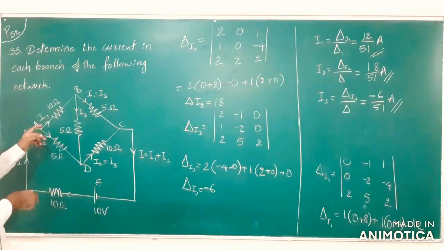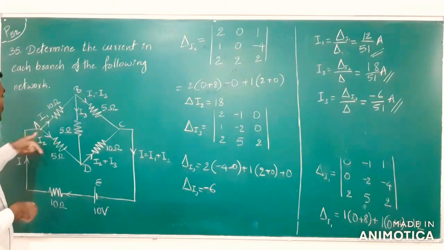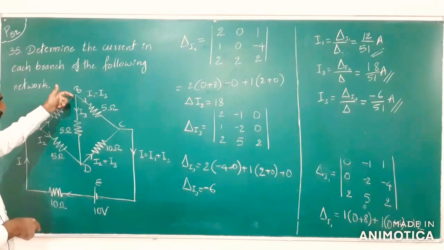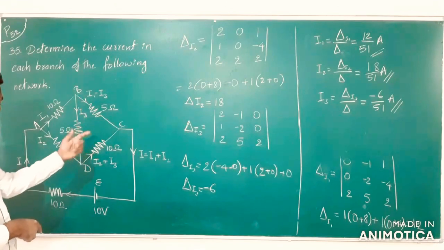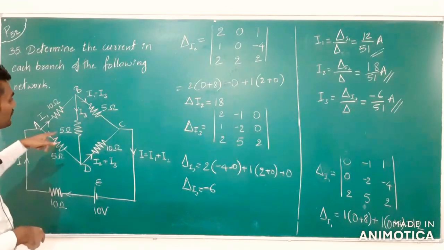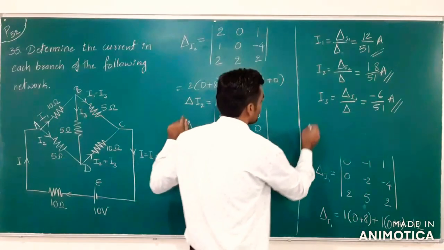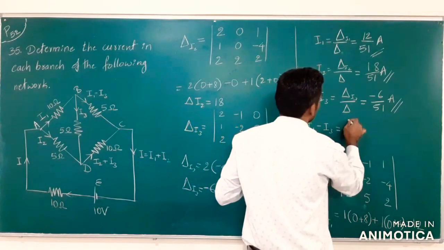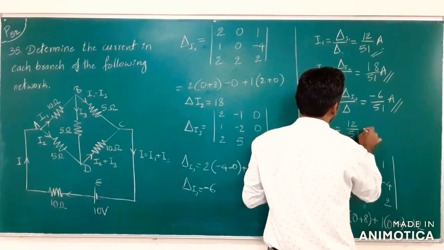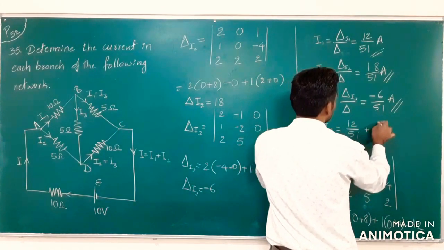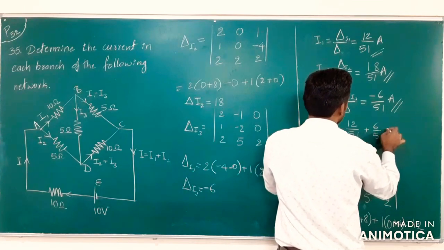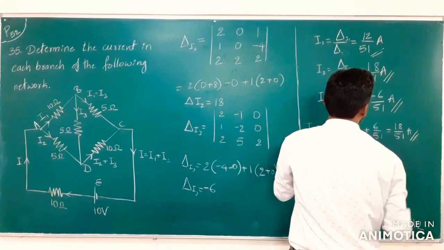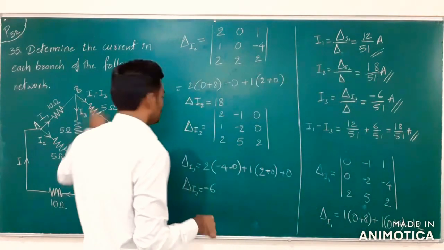But they are the currents of branch AB, AD and BD. But we still need the currents of branch BC, DC and CA, which are I1 minus I3, right? So what is I1? 12 by 51 minus of minus plus, what is I3? 6 by 51. So it is 18 by 51 ampere, which is current through BC.